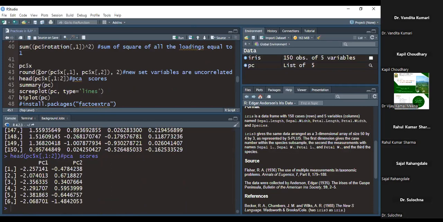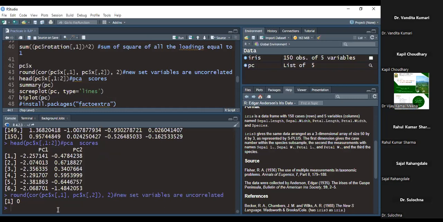So this has been written as finding the correlation between principal component $X, extracting the score of the first column, PC1, and this is showing the second PC. From my variable name for principal component, $X, we extract the principal component scores of PC2, the second column. The correlation between these two should be 0. Okay, these are uncorrelated.